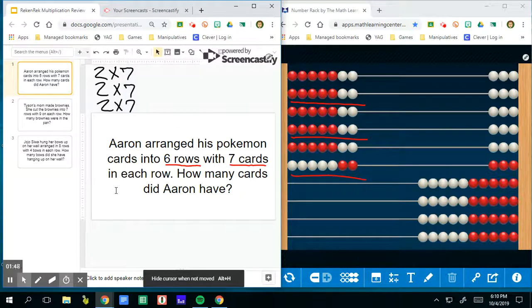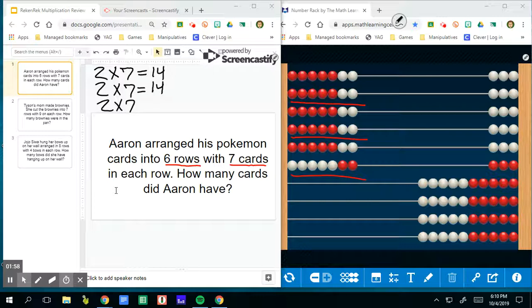So, I know that 2 times 7 equals 14. That means I have 14 3 times. Which means I've got 3 10s and also 3 4s.